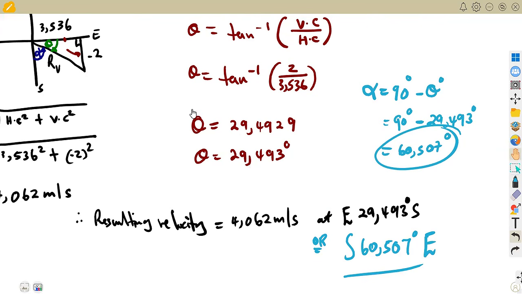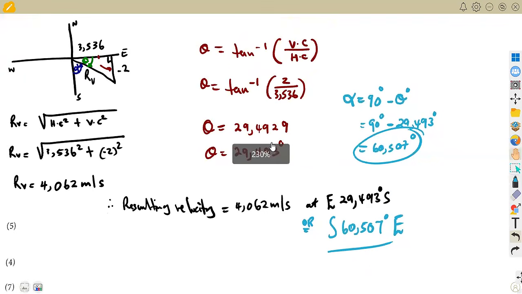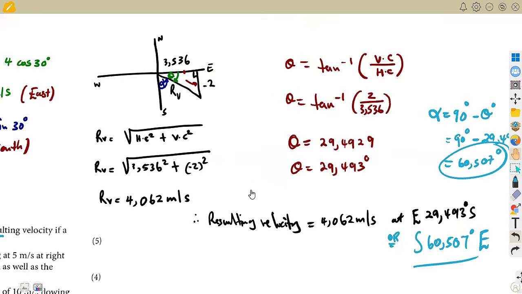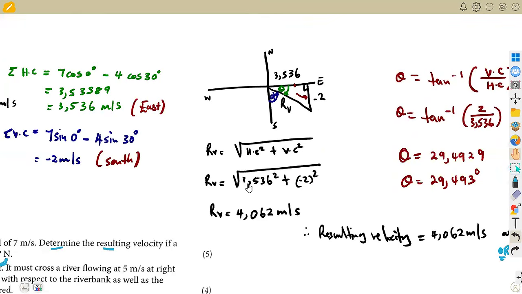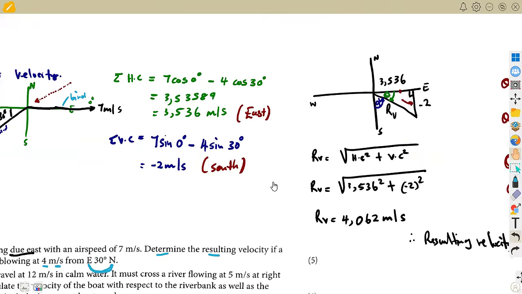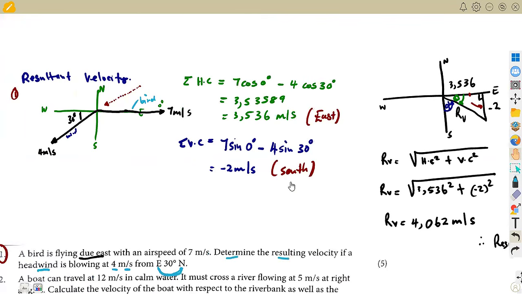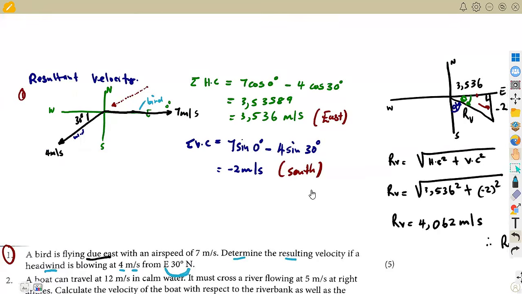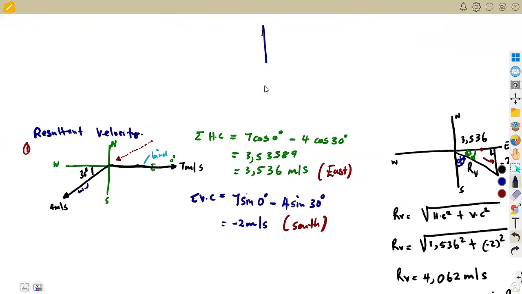So now I hope you see the difference between the resulting velocity and the relative velocity, how you calculate them. They are so different. The resulting velocity is when something is affected by wind or whatever, like an aeroplane affected by the wind. But as for the relative velocity, you are just given two velocities, taken simultaneously at a certain point.